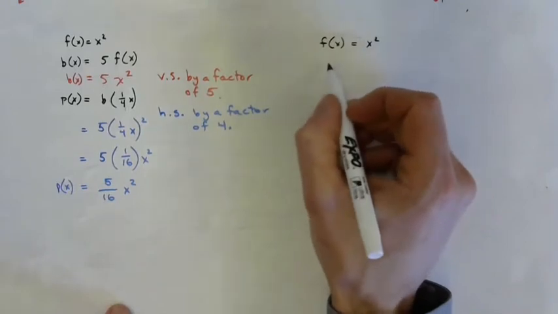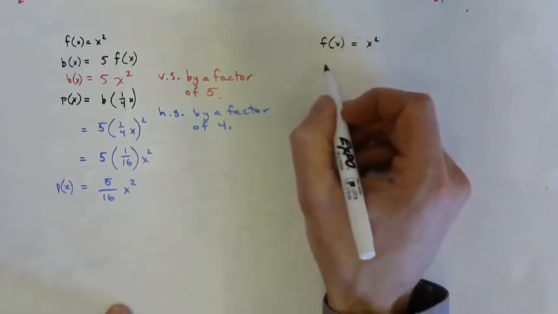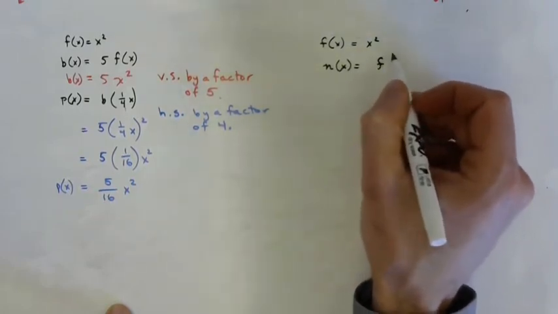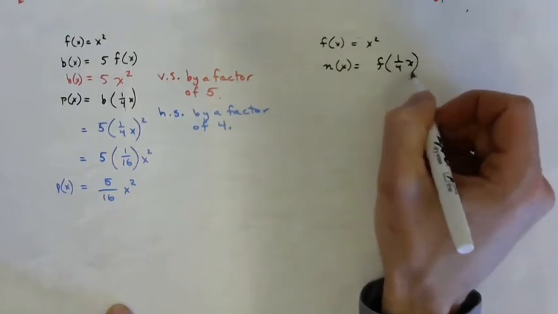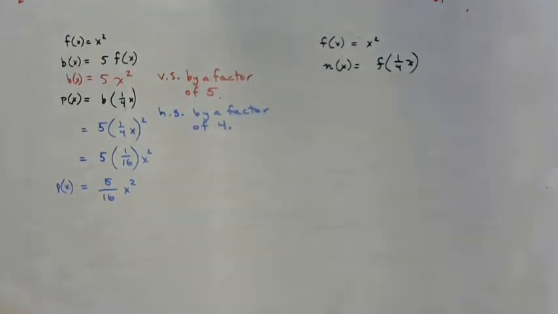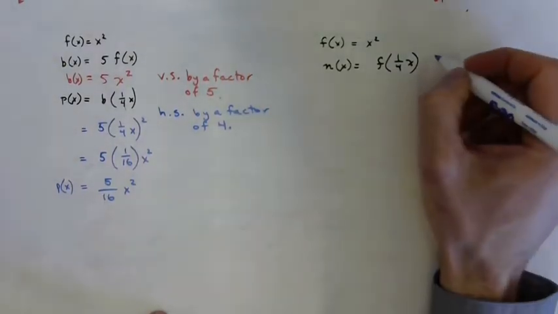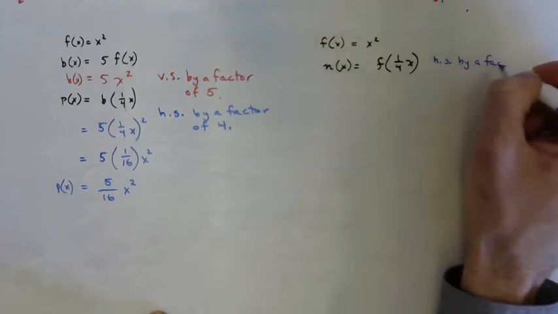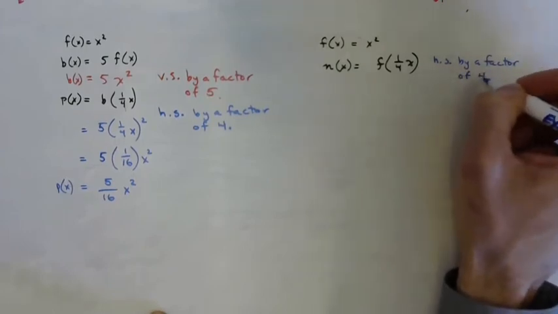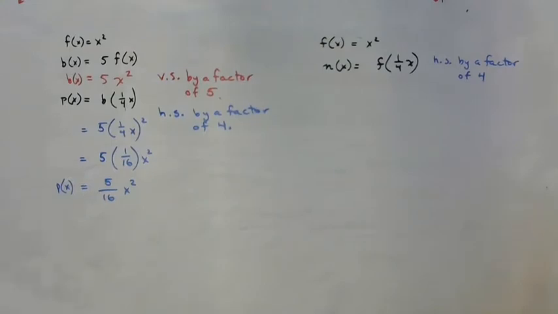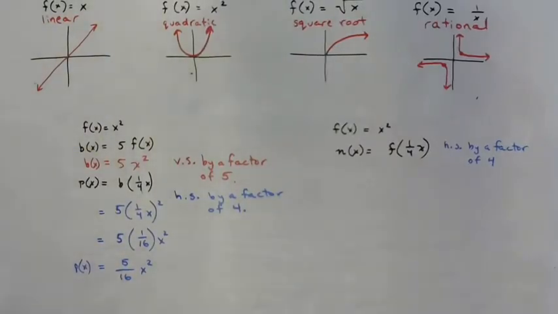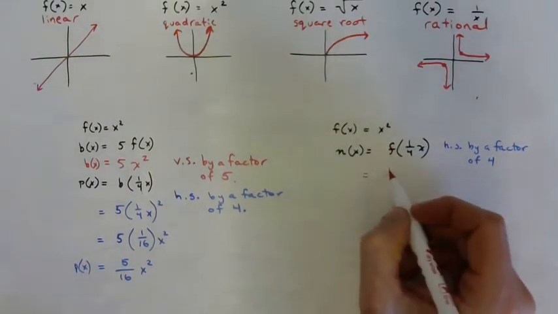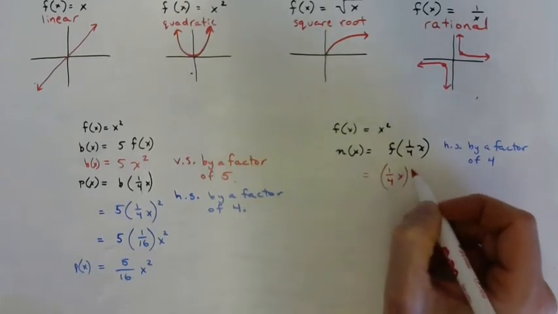We're going to start with f of x equals x squared, but this time we're going for n of x, and it is defined as being f of x, but with a horizontal stretch by a factor of 4. n of x tells me that I'm going to take f of x, but wherever I see an x, I'm going to put 1/4 x instead.